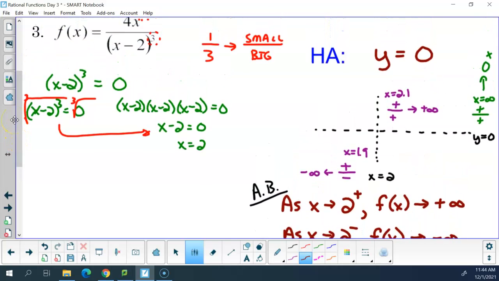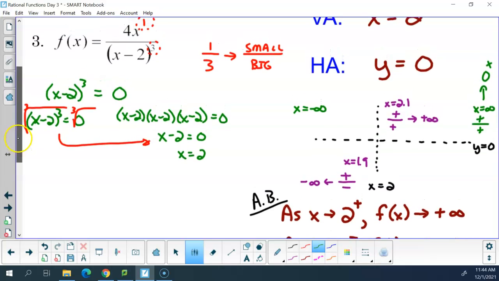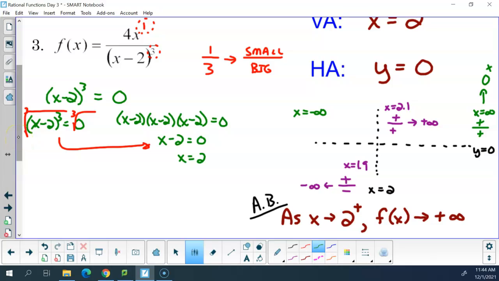Okay? Let's go negative now. Negative infinity. Put negative infinity in the top. Negative, right? Because it's a positive times a negative, so that's negative. Put negative infinity in the bottom.